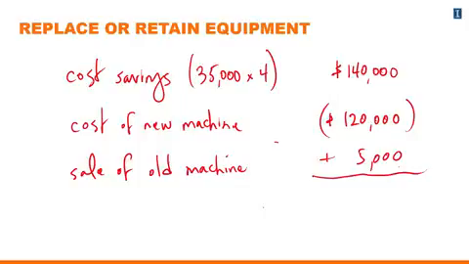So net, $140,000 in cost savings, plus the sale of the old machine of $5,000, but subtracting the $120,000 cost of the new machine leaves us with a $25,000 net effect. And that is to the plus side. So ultimately, the net impact of replacing the current machine with a new one is $25,000 to the good.